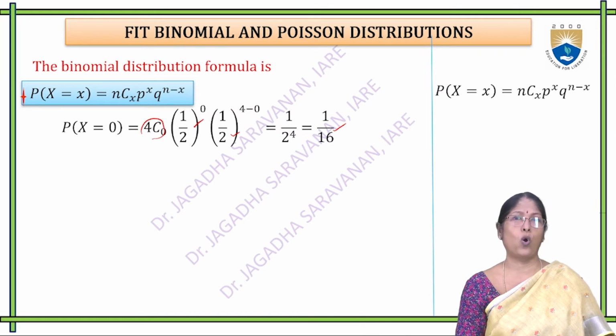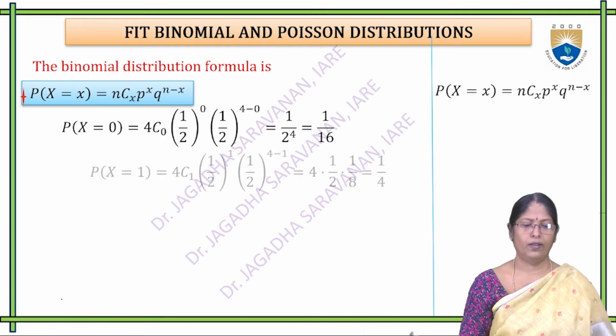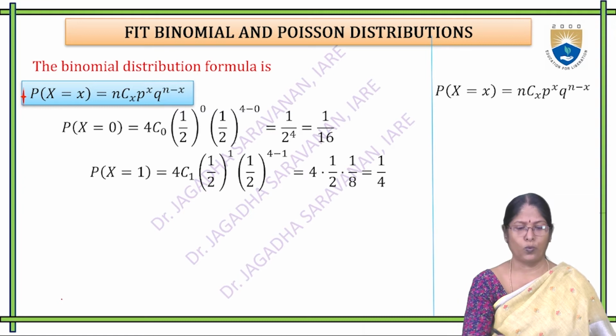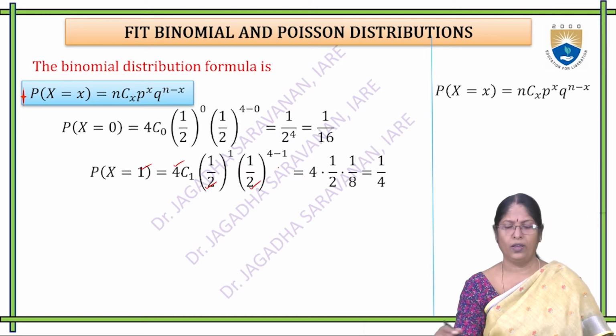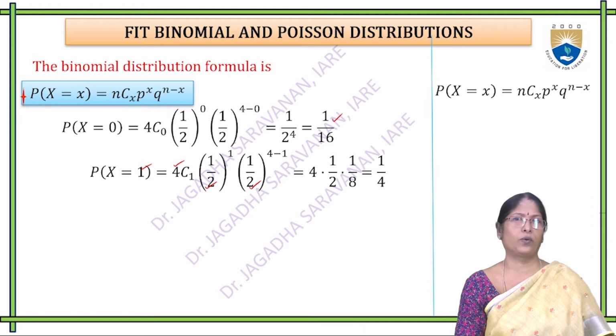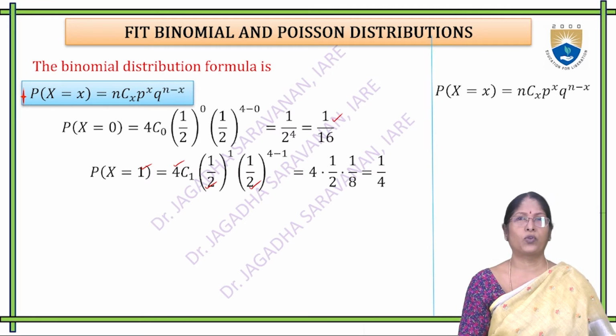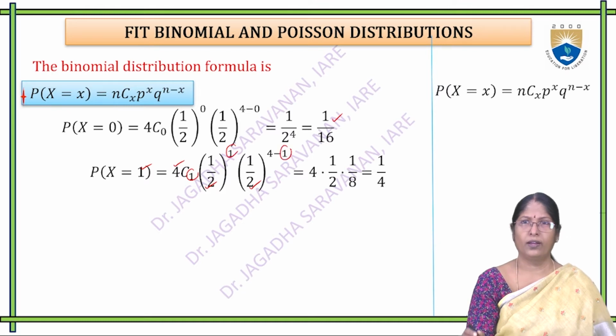Similarly, we have to do it when x equals 1, 2, 3, 4, because our given problem data goes up to 4 only. So when x equals 1, the n, p, q are the same, there is no change when compared with the previous step. Where do the changes occur between the previous step and this step? Only in the place of x, these 3 places.